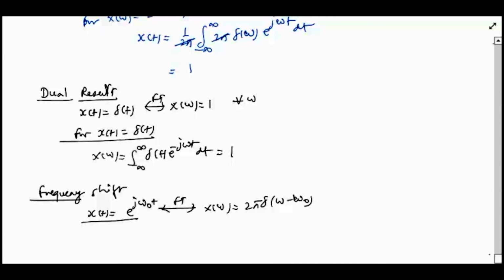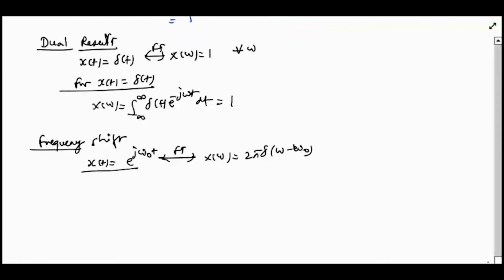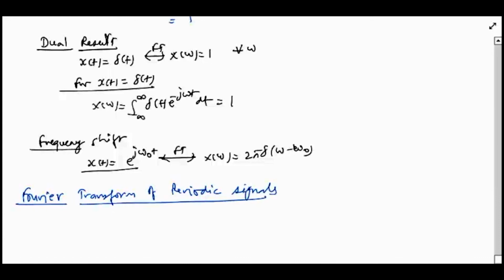Until now we have seen the Fourier transform for aperiodic signals, but what if we are faced with periodic signals? Fourier transform of periodic signals. Let's say we have a periodic signal x(t) for which we can write the Fourier series.